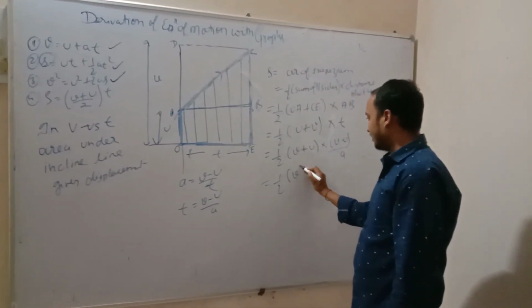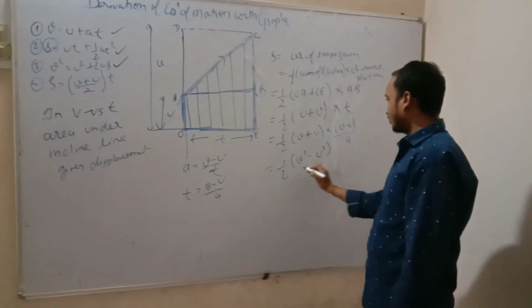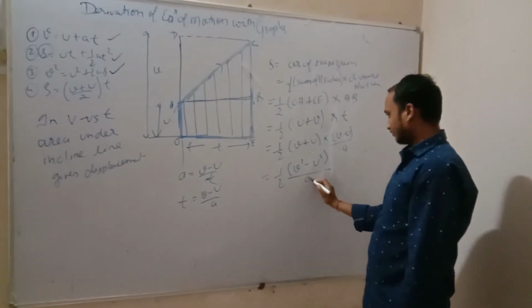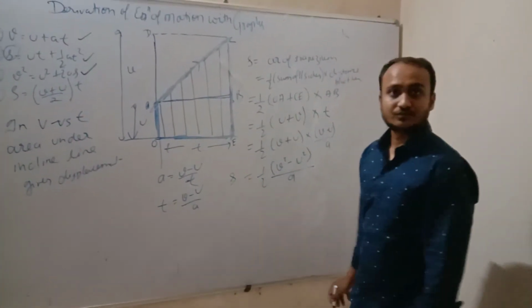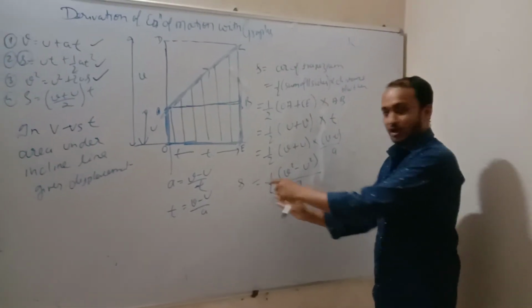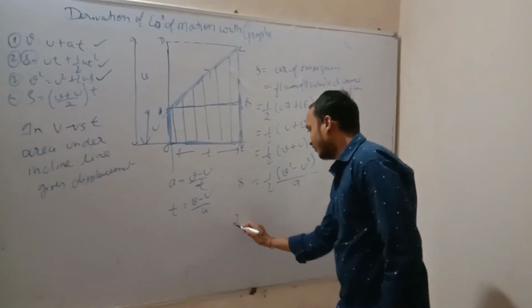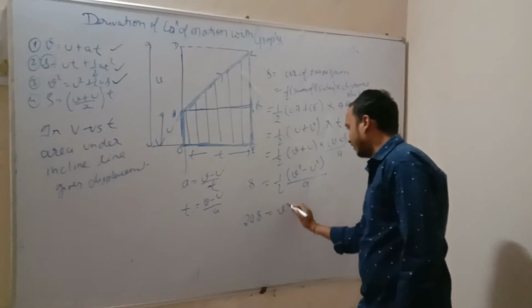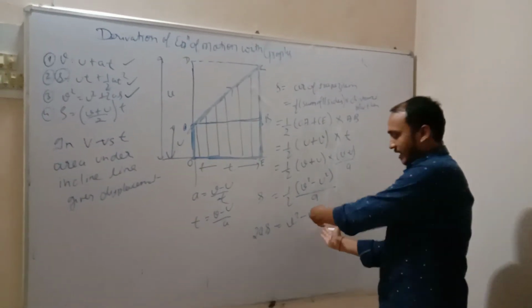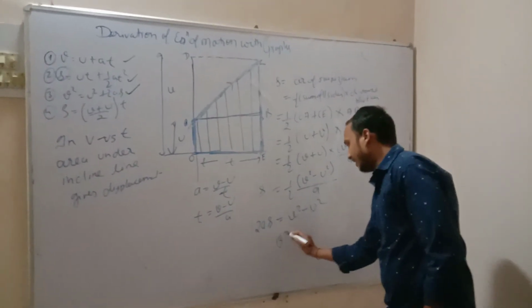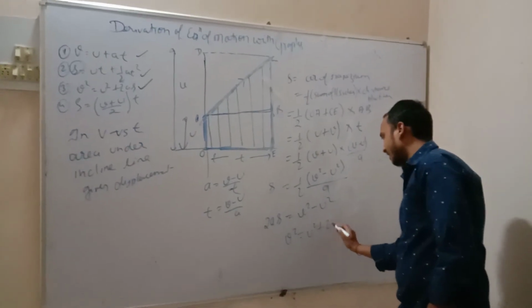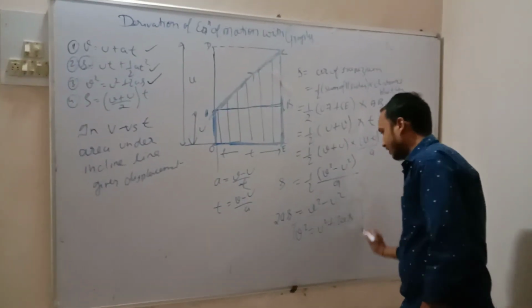So it is V square minus U square upon A, and it is S. So cross multiplying, we get 2AS equals V square minus U square. Shifting U square, we get V square equals U square plus 2AS.